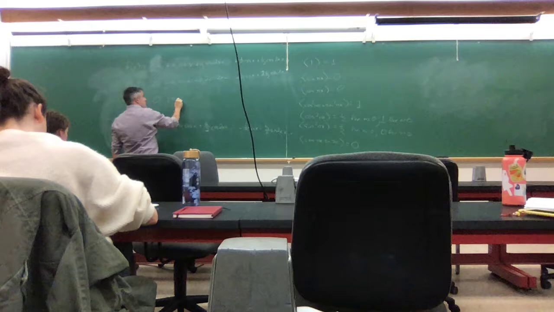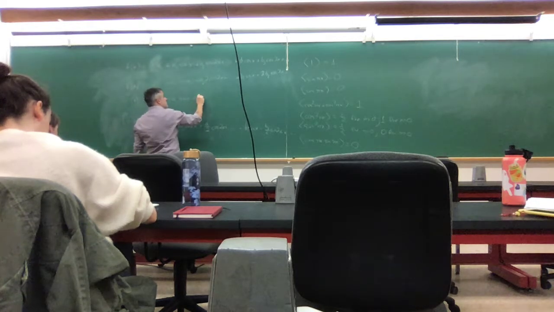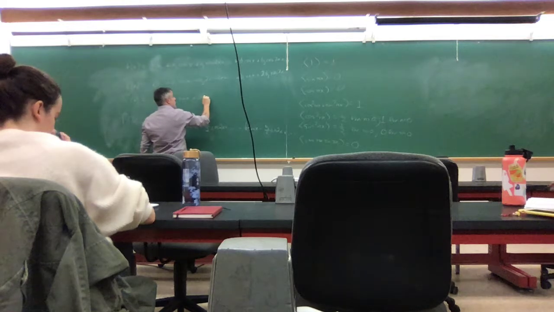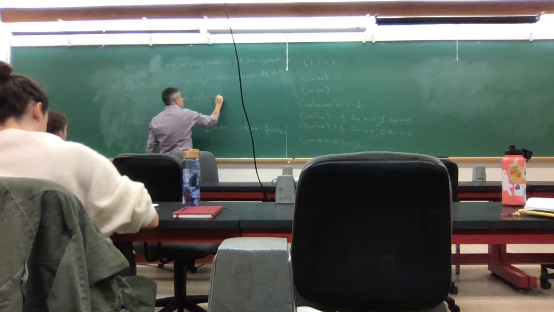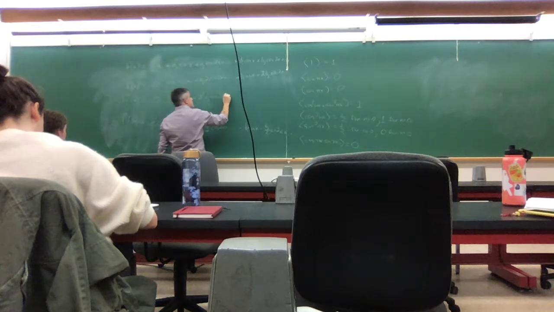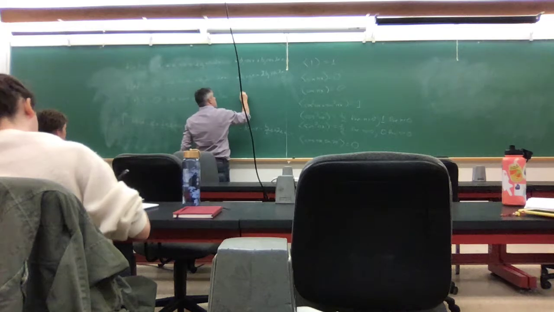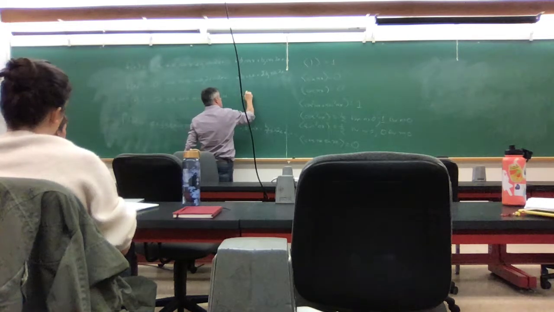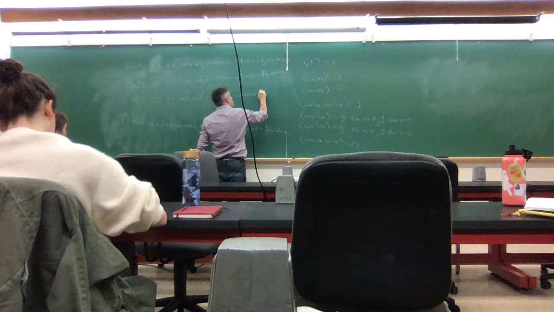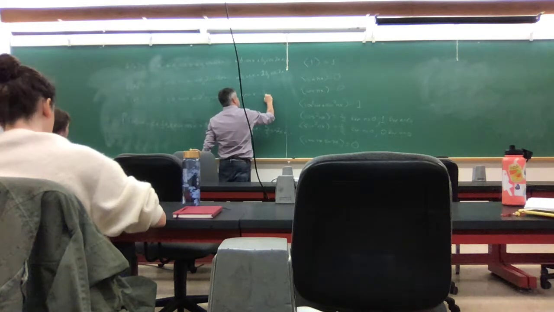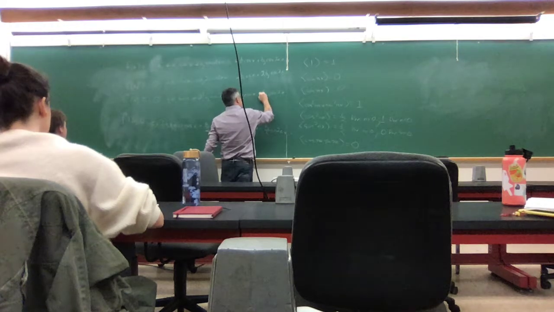It's minus a1 times sine x, minus 2 squared a2 sine 2x, minus b1 cosine x, minus b2 cosine 2x times 2 squared.